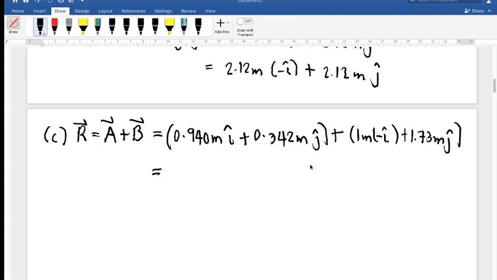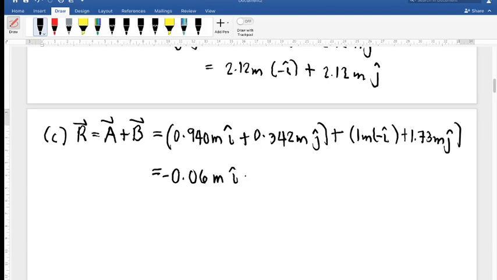So, how much is that? So that is 0.06. So that is negative 0.06 meters. So do not forget about the unit: negative 0.06 i hat.